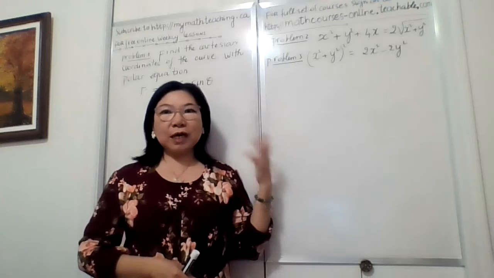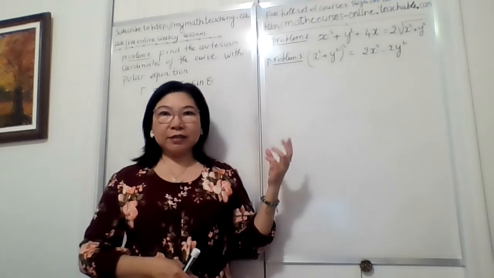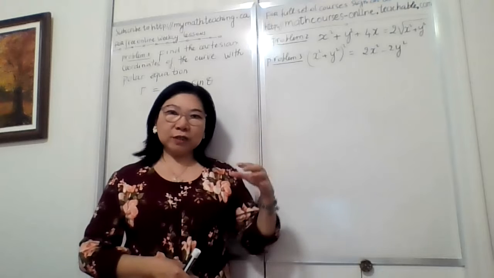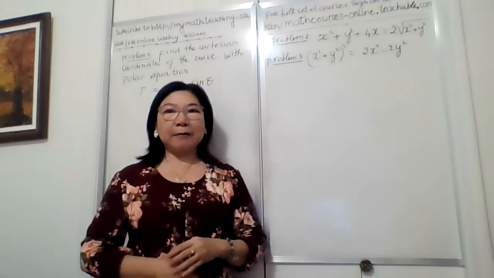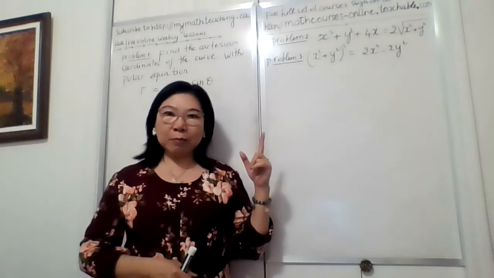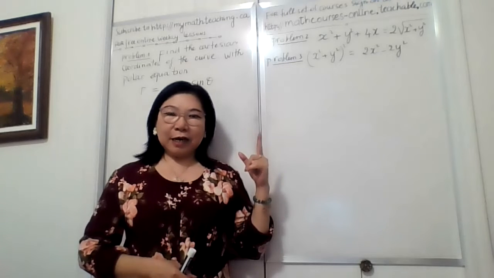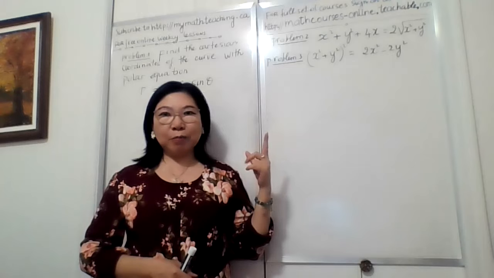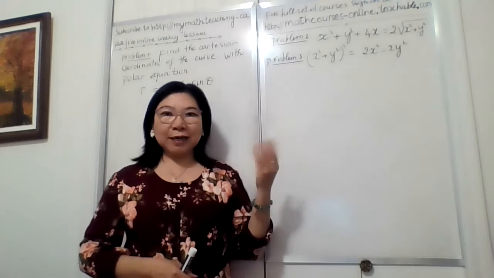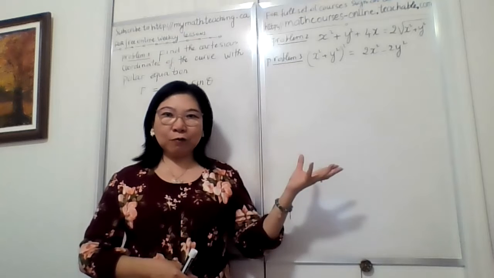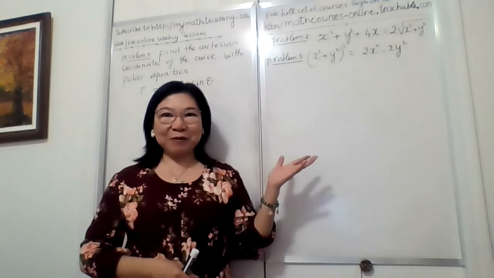And then I showed you how to convert to polar coordinates in the form of the radius of the unit circle and then the angle theta. So now in this lesson, following up with it, I will show you how to convert a polar equation to a Cartesian equation and vice versa. So we will go forward and backward as well.